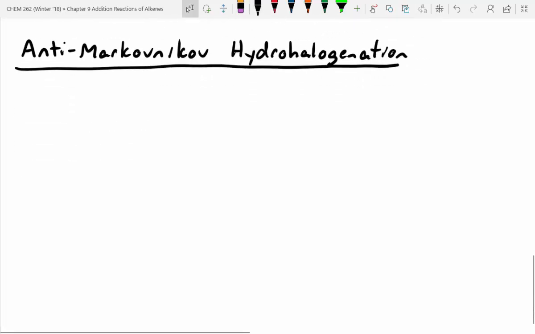And what does it mean with Markovnikov addition again? Yeah, so Markovnikov addition, we said the halogen adds to the more substituted carbon. Anti-Markovnikov, on the other hand, probably means it's going to the less substituted carbon. So let's take a look at that.